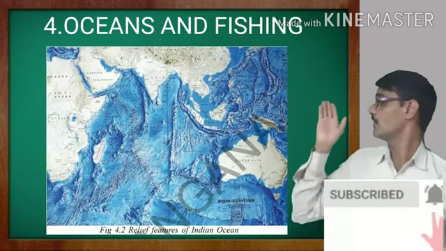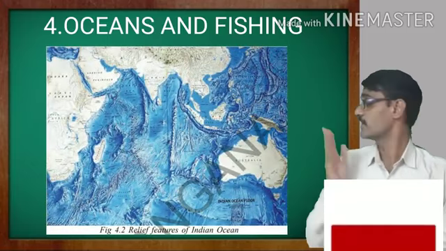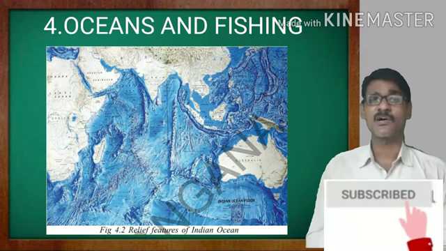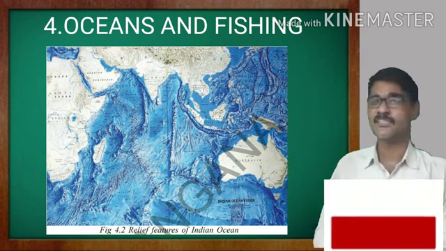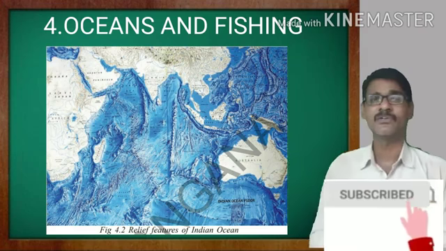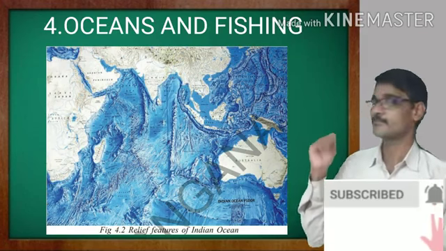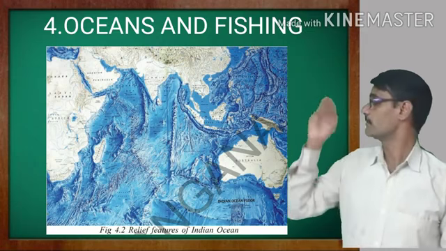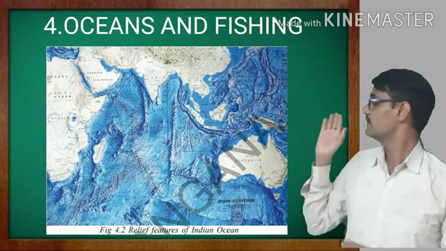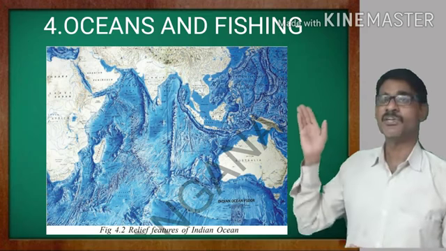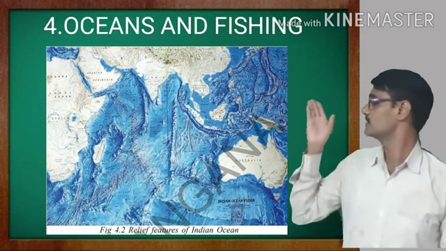And we have another picture, a figure. In that figure we can observe the surrounding ocean relief features of India. You can see the relief features of the Indian Ocean, the Arabian Sea, Bay of Bengal. This relief looks like mountains, hills, trenches and valleys.